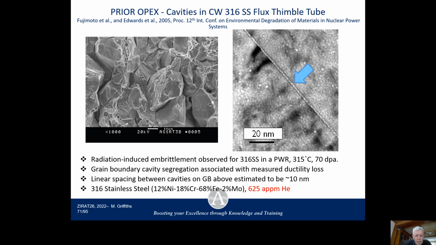So in this particular example, from some work by Fujimoto and Edwards et al., you only have 600 or so appm of helium, and I think it was a flux thimble, and I can't remember the number of years of operation, but 70 dpa, 625 appm, I don't know, maybe 20 years, something like that. They found that there was a high density of bubbles on boundaries and a commensurate intergranular fracture.